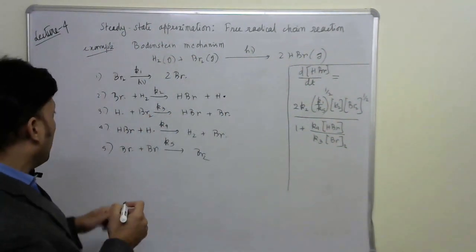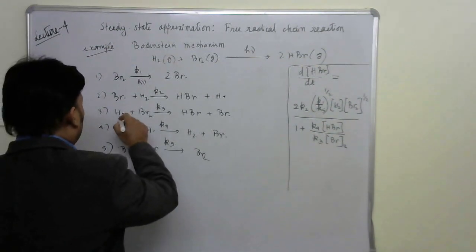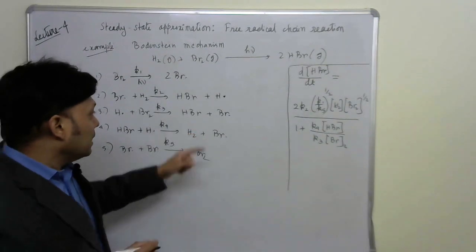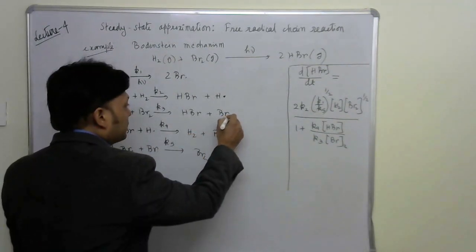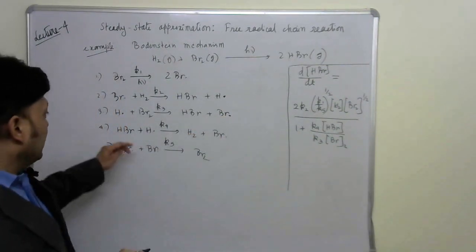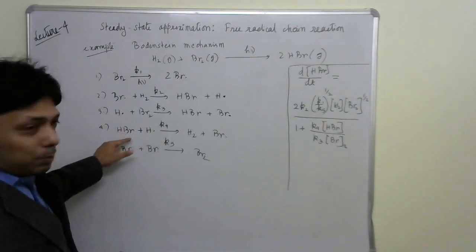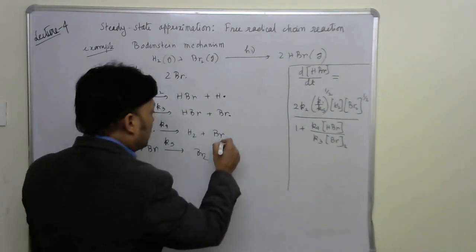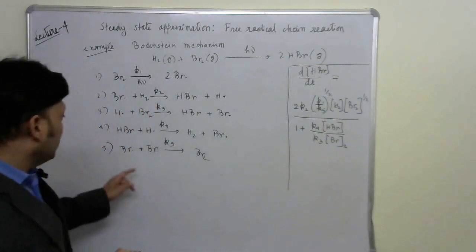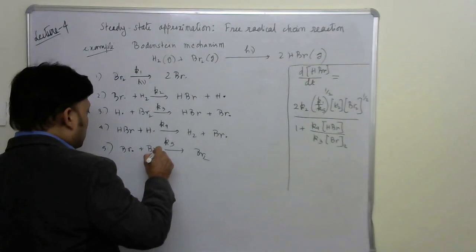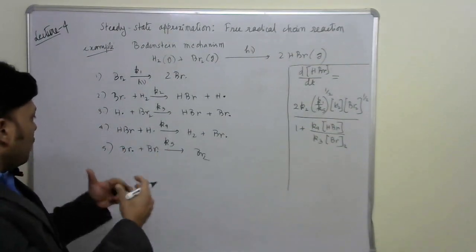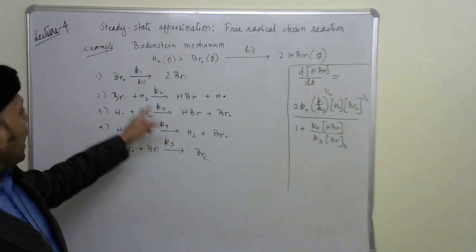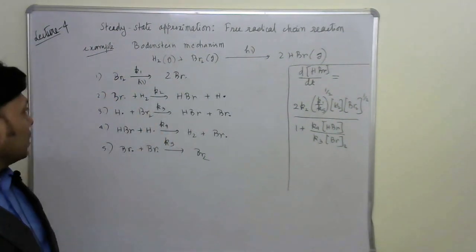And then H dot again reacts with Br2, the reactant, and again forms HBr, which is the product, and again Br dot, the free radical. And then some of the HBr may react with the H dot to give back the reactant H2 plus Br dot. And finally, if the Br dots fuse with one another, we form Br2. That means we get back the reactant.